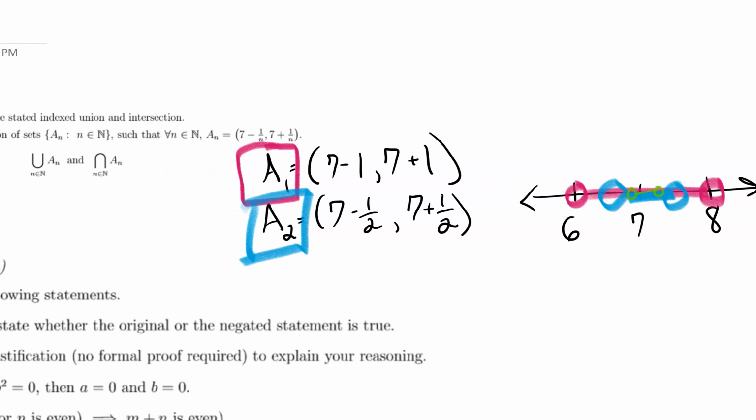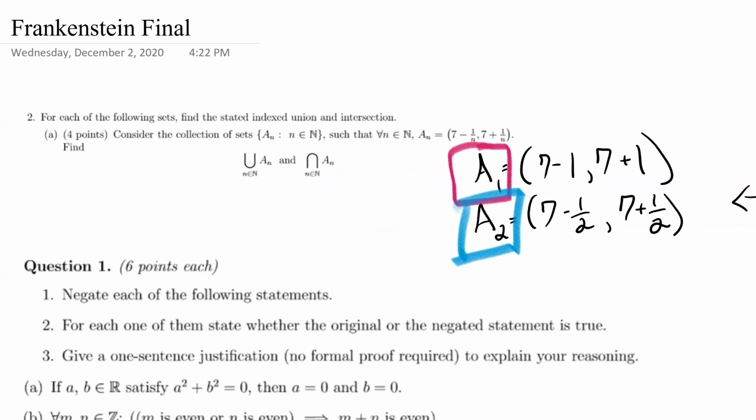Now we need to think about, okay, but is 7 included or is it not included? Well, 7 is going to be in every single set because we can't actually minus 0, right? So n goes to infinity, but we can't just plug that in and say we do end up minusing by 0. So the intersection is going to be the set just including 7.